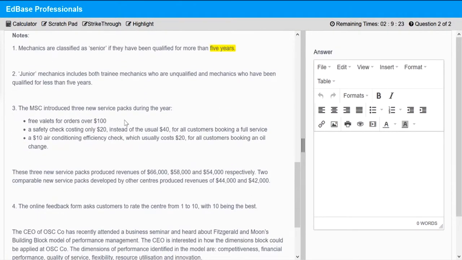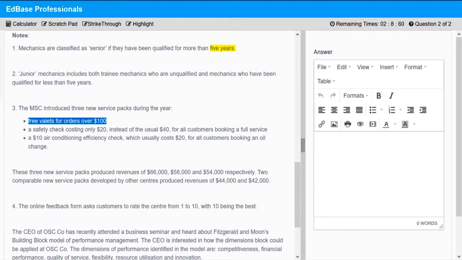Number of new service packs developed. The MSC introduced 3 new service packs during the year. One is free wallets for orders over 500. That means we have a very big promotional offer here, providing free wallets for customers ordering $100 or more. A safety check costing only 20 instead of the usual 40.